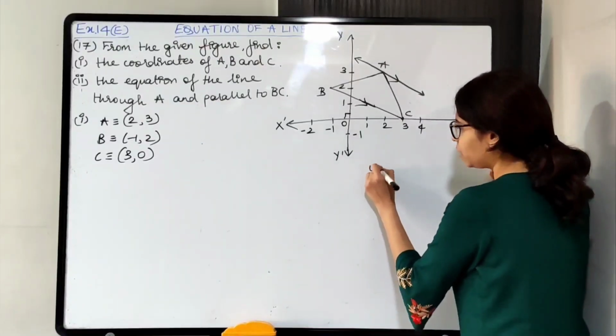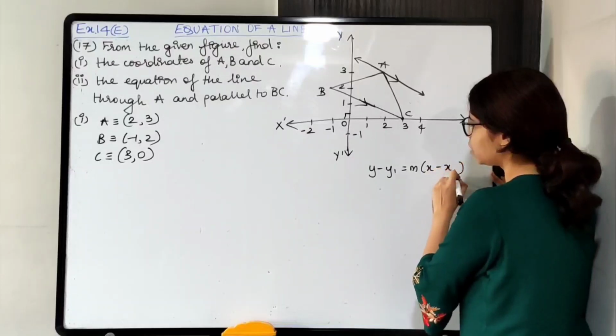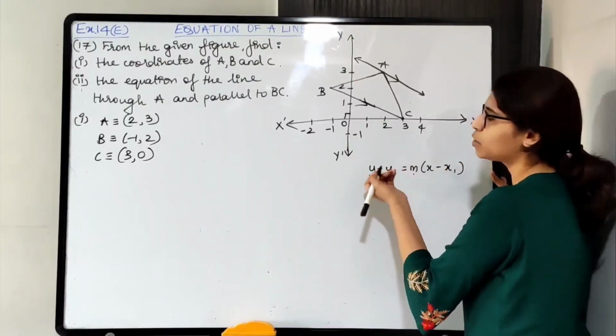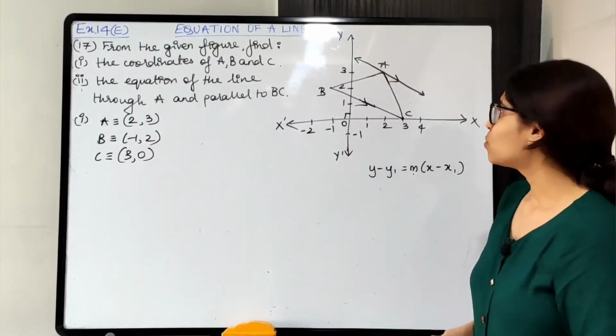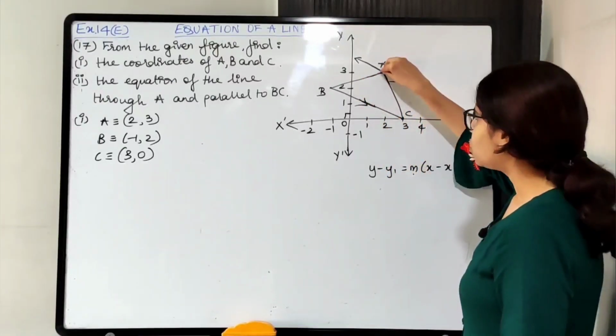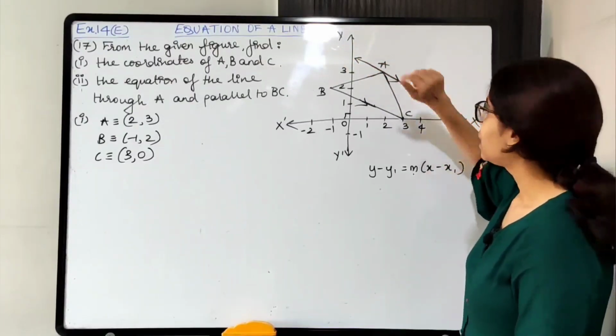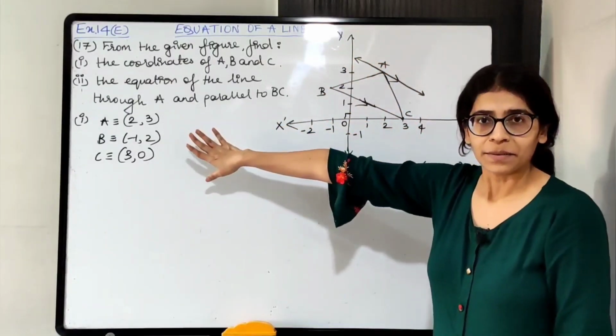To find the equation, y minus y1 equals to m into x minus x1. x1 y1 coordinates होगा, m slope होगा. So A का coordinates मेरे पास है because A is a point lying on this line. Because line is passing through A, so A is lying on the line. A का coordinates मुझे मिल गया है.